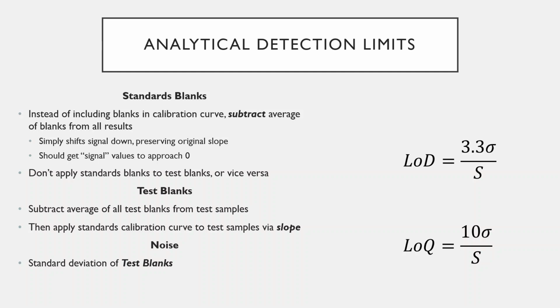So again, even though we had that y equals mx plus b, that b isn't going to really help you in any of your calculations. I recommend subtracting the background noise from the two respective groups and only using the S for your calibration curve and for your LOD and your LOQ calculations. Right, so I can't highlight that, keeping those two independent enough.